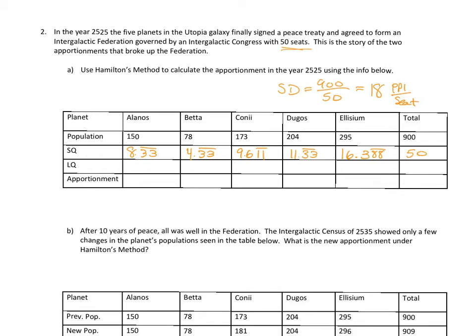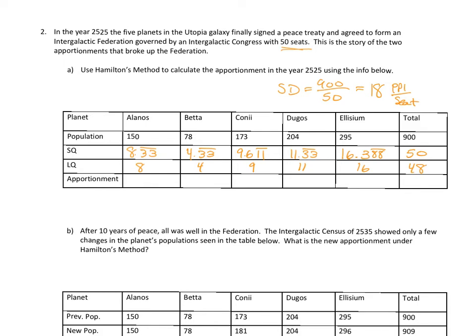Okay, the lower quotas would be 8, 4, 9, 11, and 16. Let's see, that adds up to 8 and 4 is 12, and 9 is 21, and 11 is 32, and 16 is 48. Okay, which means I have 2 extra seats to give out.